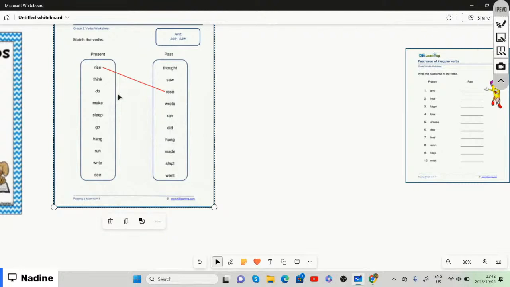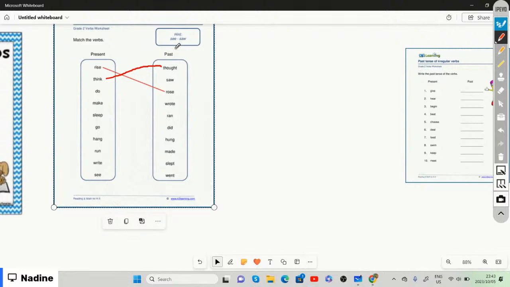All right, so now think. Something that you're doing now. I'm thinking, I think, but in the past, I actually thought about. So thought is our irregular past tense. And then do.